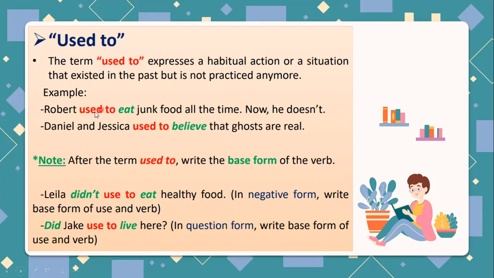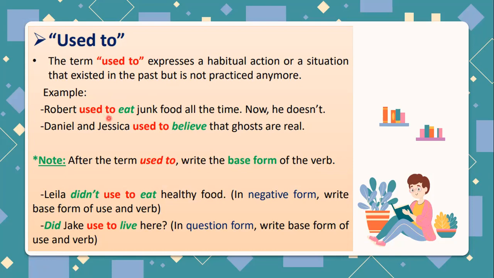So for example, when I say, Robert used to eat junk food all the time. Now he doesn't. So here, as you can see, the verb eat is not in the past simple tense as it should be, like eat, ate, or eaten. Okay, so why is that? Because we have used to before it. So what's the rule?